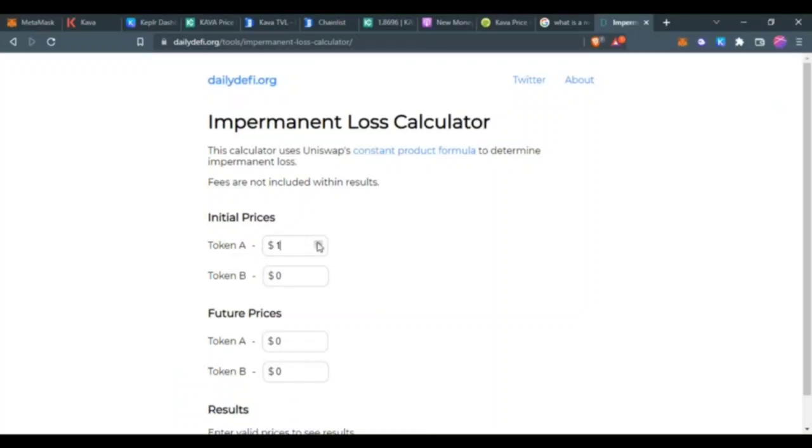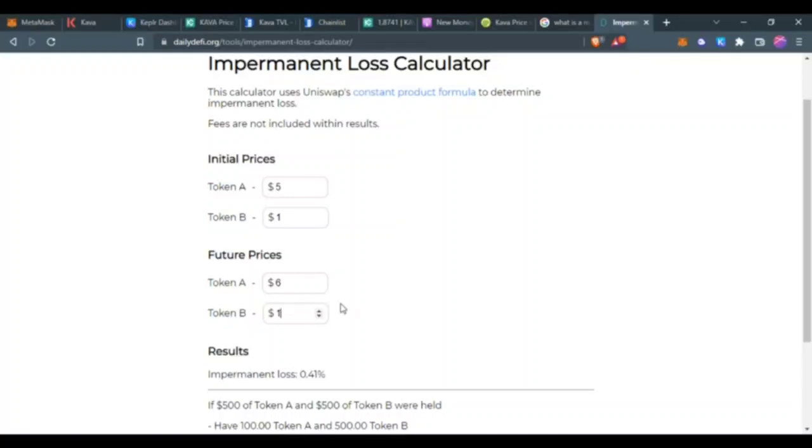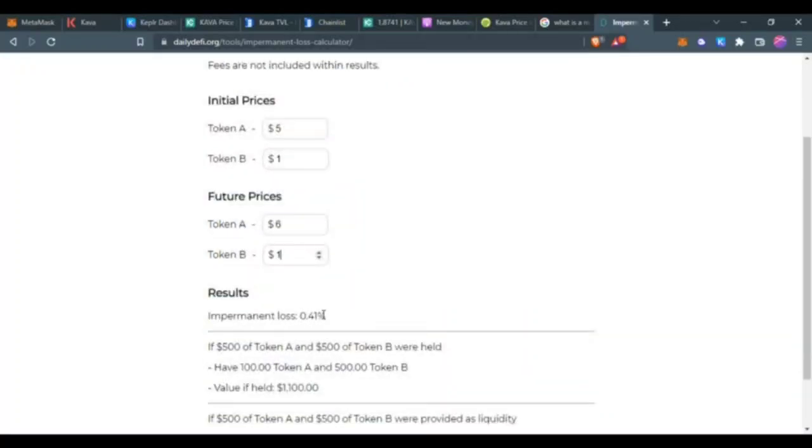Let's say token A is $5 and token B is $1. Now let's say token A goes to $6 and token B stays at $1. Your impermanent loss is 0.41%.